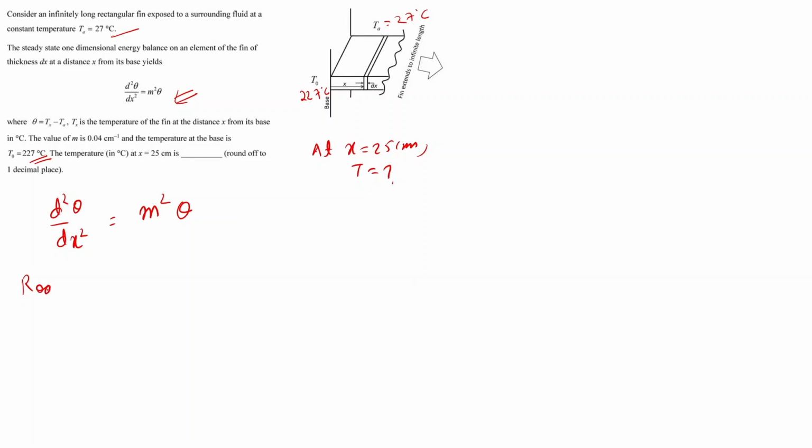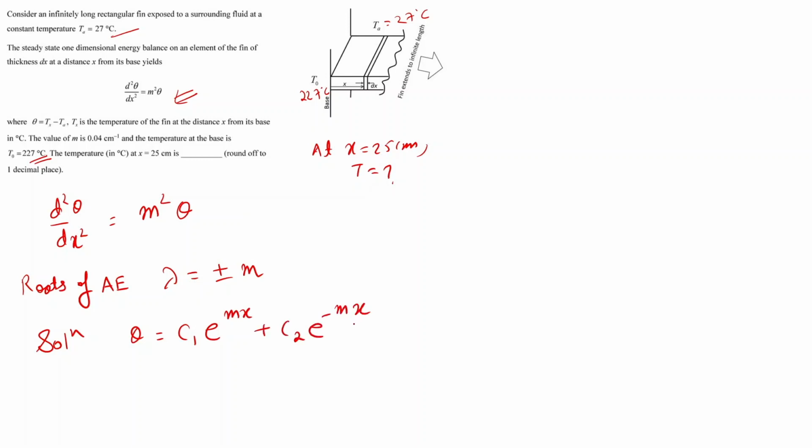So we can write that as roots of this auxiliary equation lambda will be equal to plus or minus of m, and the general solution of the equation will be theta is equal to c1 e raised to mx plus c2 e raised to minus mx, where theta is given as Tx minus Ta. We will just replace it here.